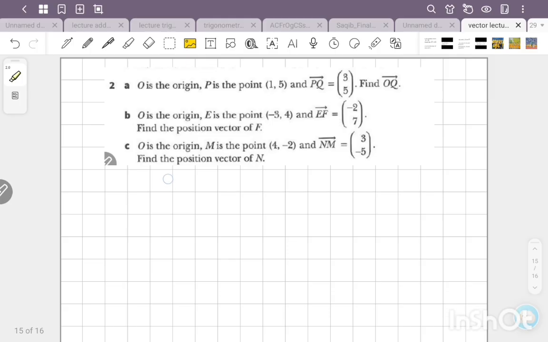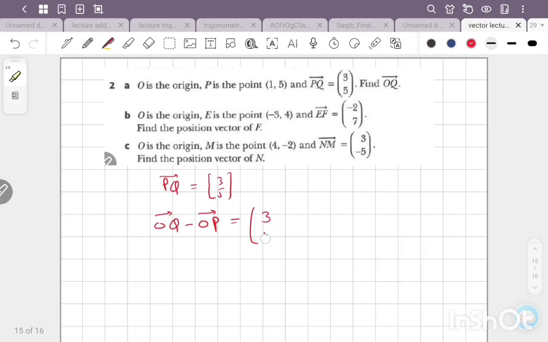We know that PQ equals (3, 5). We can write PQ equal to OQ minus OP, because of position vectors, and this will be (3, 5).